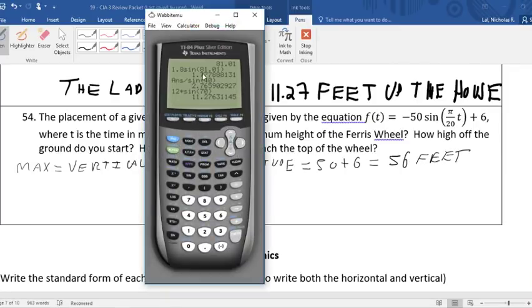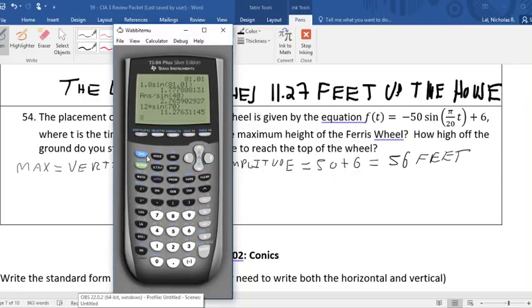So I get my calculator. Let's make sure that we are in function mode and plot the function negative 50 times the sine of pi over 20 x plus 6.